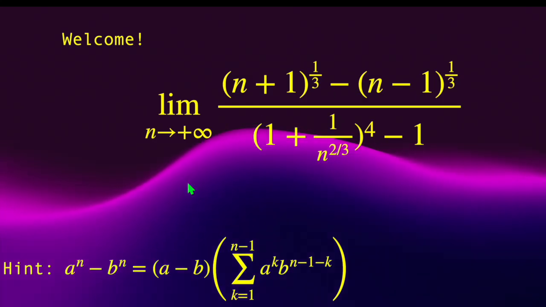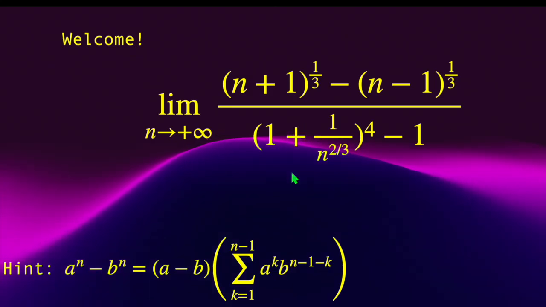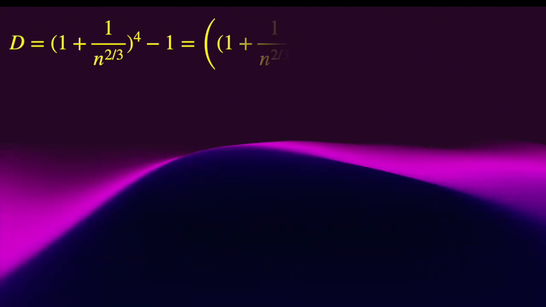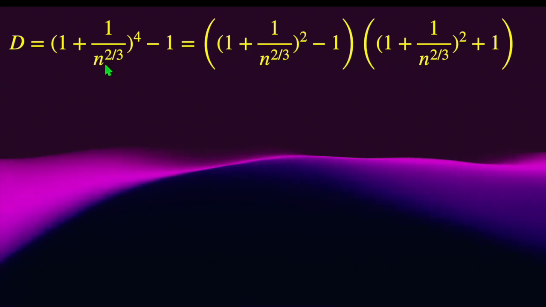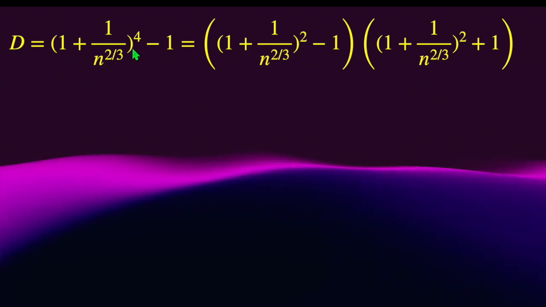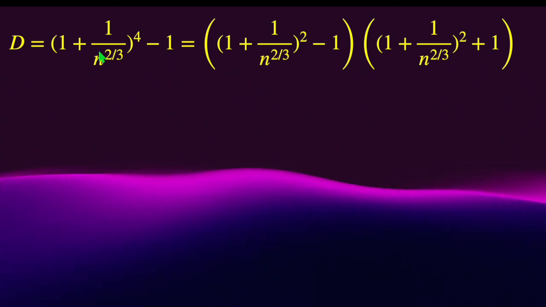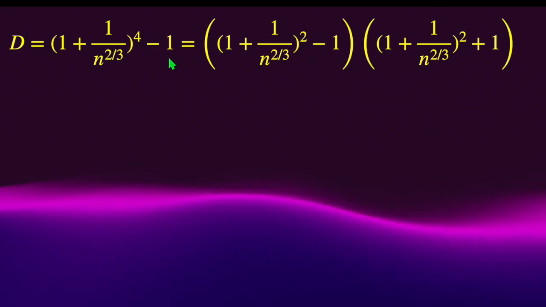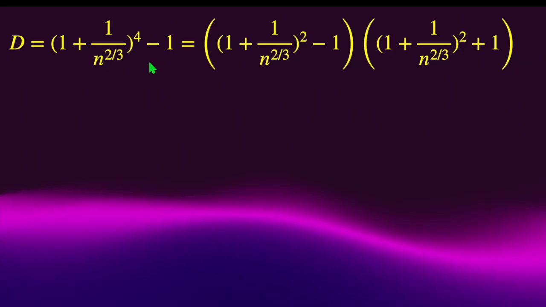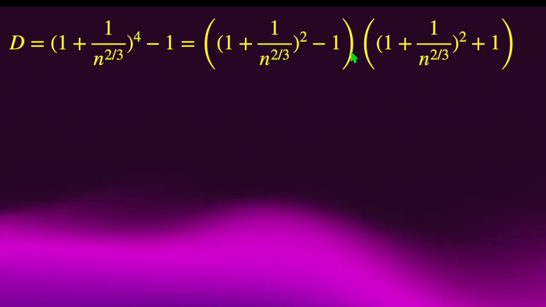So let's start. We start by factoring the denominator. Here we have an algebraic identity, a^4 minus 1, which we can see as (a^2)^2 minus 1 and use the remarkable identity. So we get (a^2 minus 1)(a^2 plus 1).